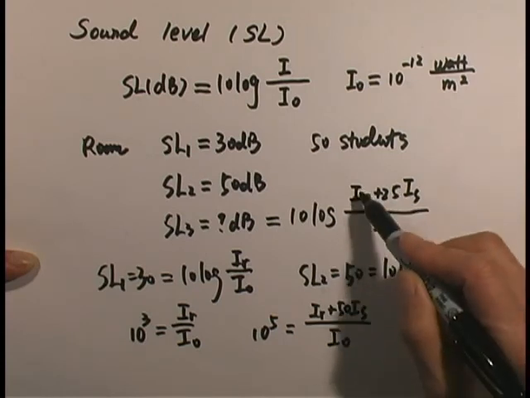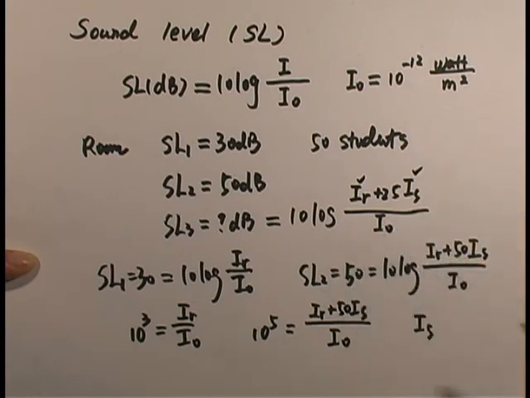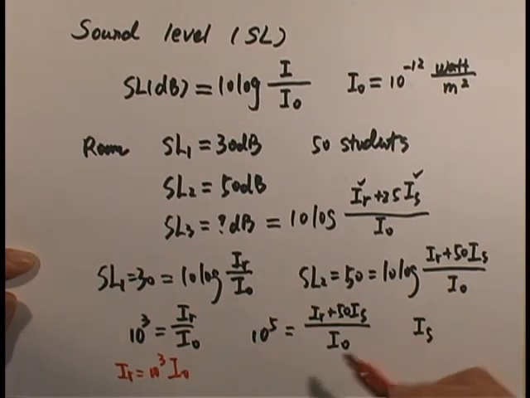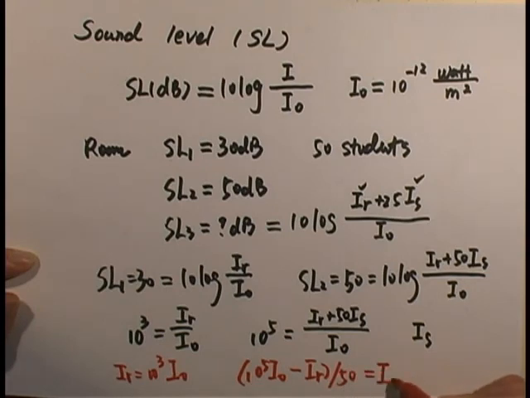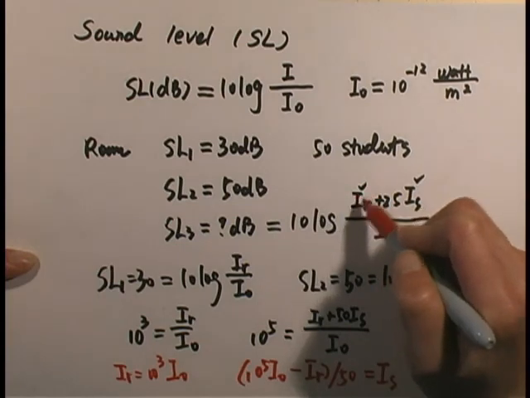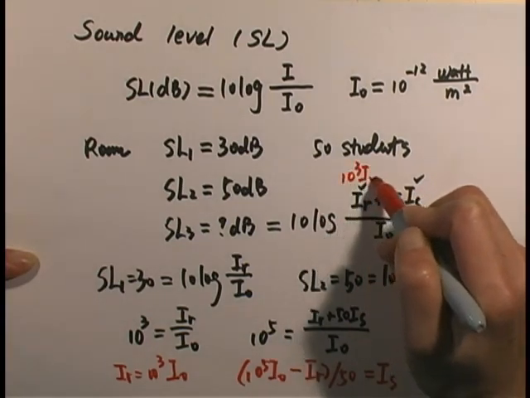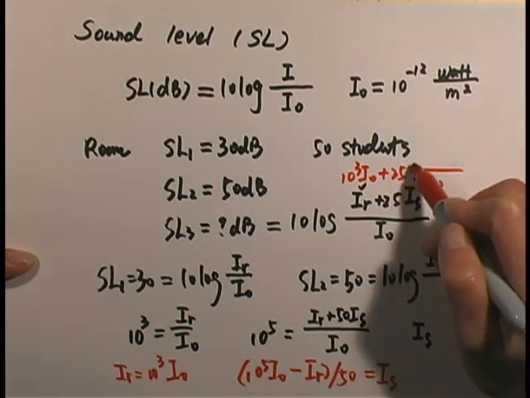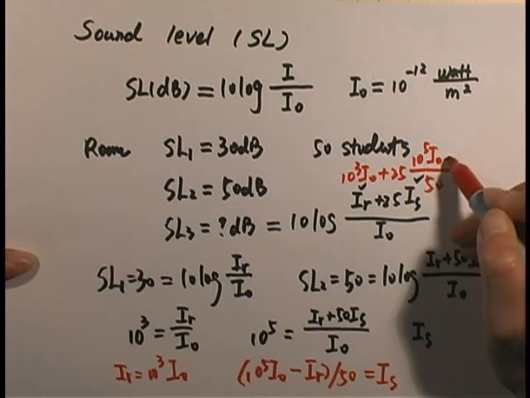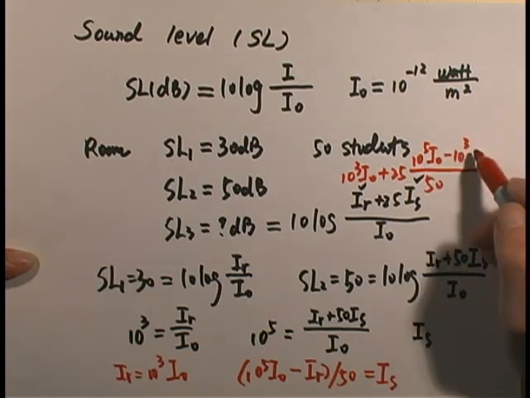Actually, we can express all of I of room and I of S in terms of I naught, because if you take a look here, we get I of room is 10 to the 3 I naught, and here you get 10 to the 5 I naught, then subtract I of room, and then divide by 50, and you get I of S. So you can replace I of room as 10 to the 3 I naught, plus 25 times I of student, which has 50 as the denominator, and 10 to the 5 I naught minus I of the room, I room being 10 to the 3 I naught.